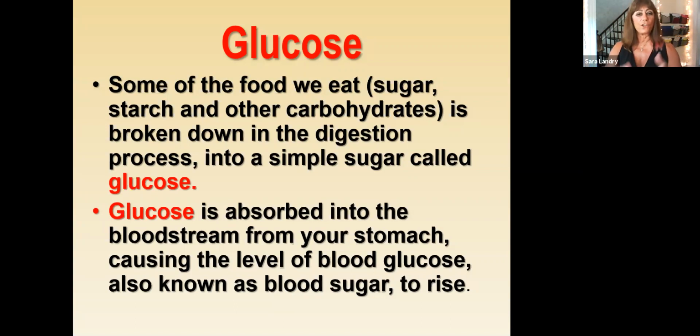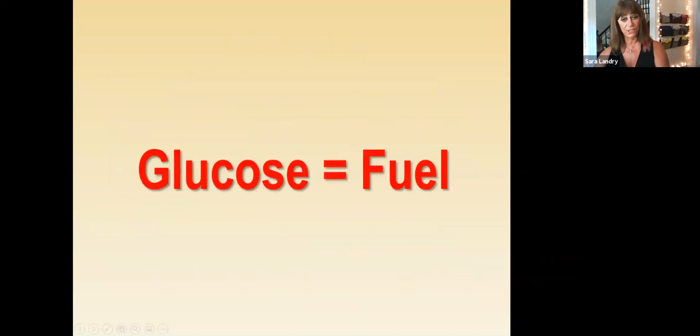So when you eat sugar, starch, carbohydrates, your stomach digests it, and it puts sugar into your bloodstream. It's also known as blood sugar. So when you eat these things, your blood sugar will rise. Glucose means fuel. It's the same thing as fuel.